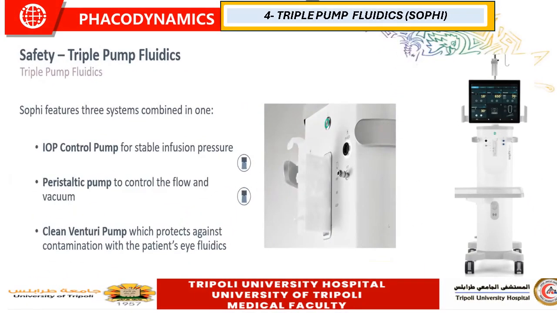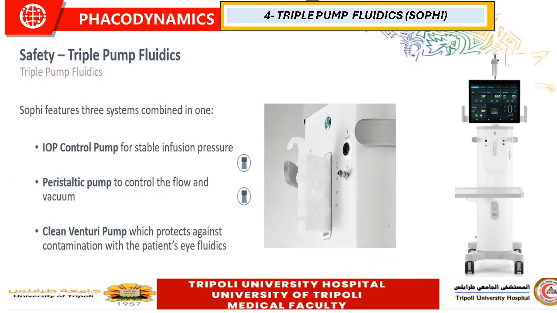The fourth type of pumped irrigation was innovated by one of the Swiss companies and is known as the Sophi pump system, or the triple pump fluidics. This triple pump fluidics is based on incorporation of three pump systems in a single phaco machine.